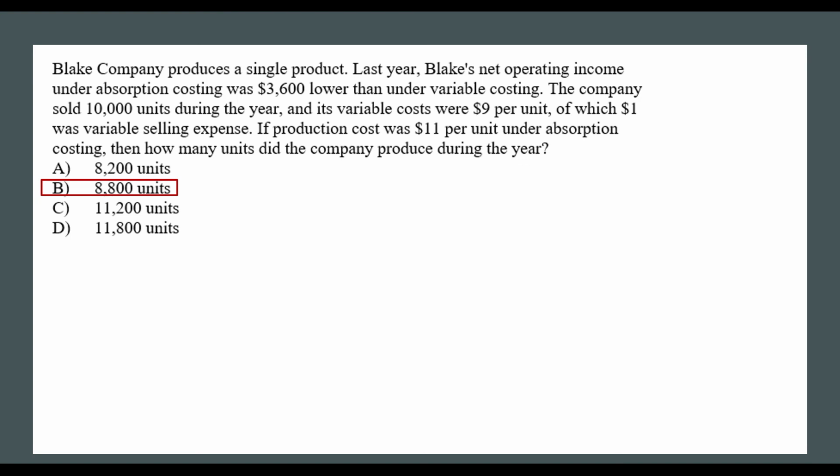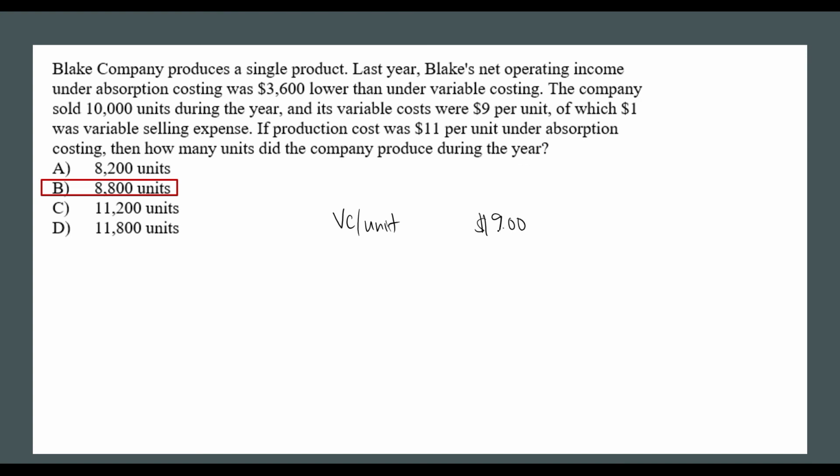So how do we start with this? We now have an idea. The units produced should be lower than your units sold. So probably it will be letter A and B. So how did we get your answer letter B? Okay, so we have here your variable cost per unit of $9 per unit.